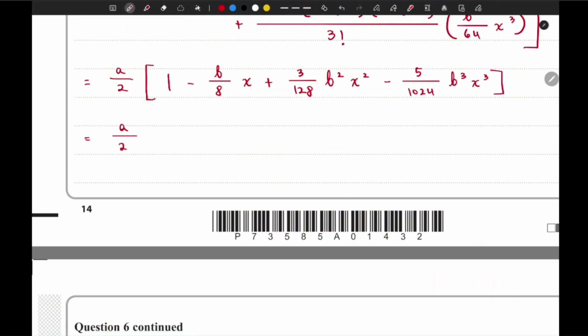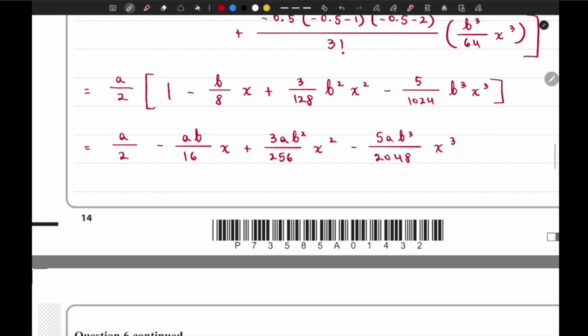So that's a divided by 2 minus ab divided by 16x plus 3ab squared divided by 256 x squared minus 5ab cubed divided by 2048 x cubed. So this is the expansion.